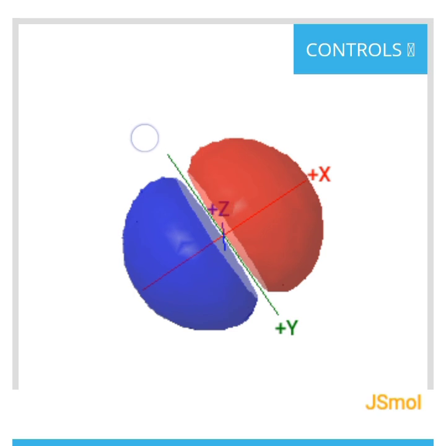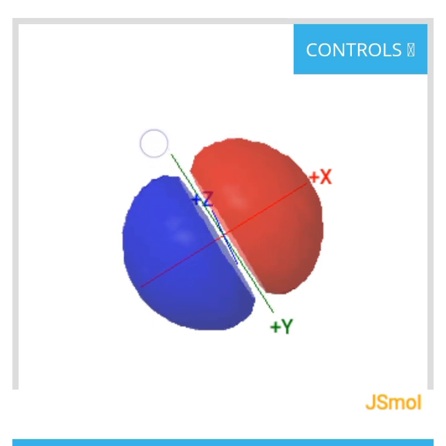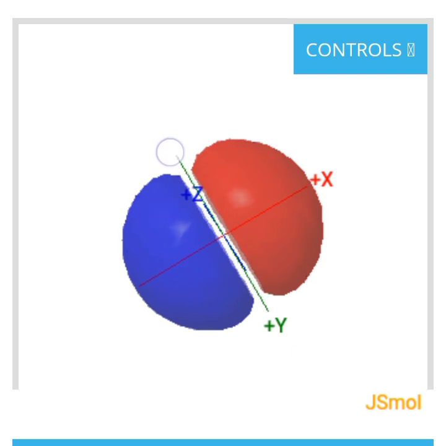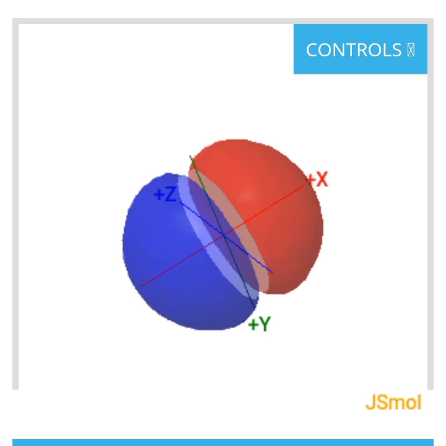We have already discussed what a node is and what an orbital is. An orbital is the region around the nucleus where the probability of finding the electron is maximum, and the node is the region around the nucleus where the probability of finding the electron is minimum. This vacant region is called the node, and it is called the nodal plane.